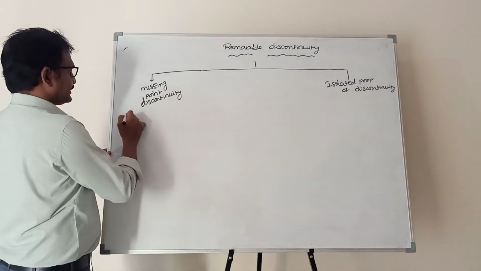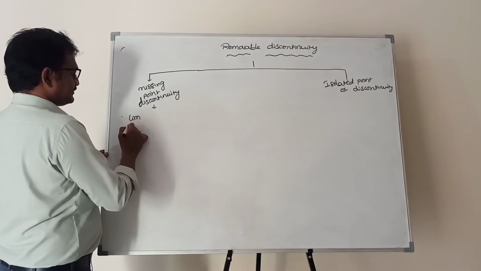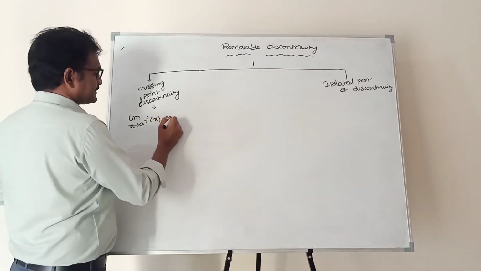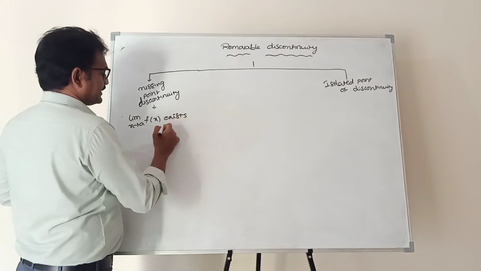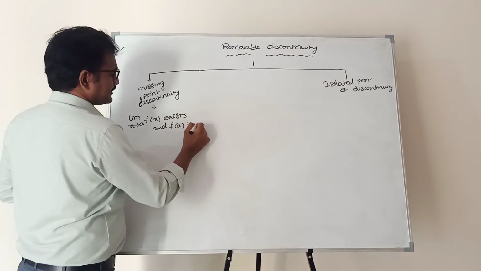What is missing point discontinuity? Limit x tends to a f of x exists and f of a is not defined.